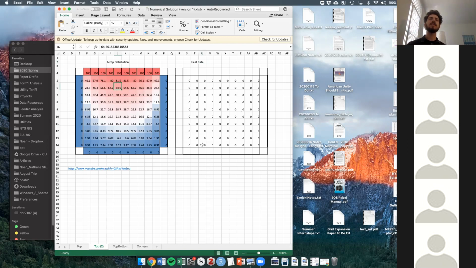But a completely different approach is if we know that the heat rate has some dependence on the temperature distribution, and we have a numerical way of changing these numbers to force these to equal 0, or if we had internal heat generation, it could be equal to some non-zero term. Then you can also derive these expressions.